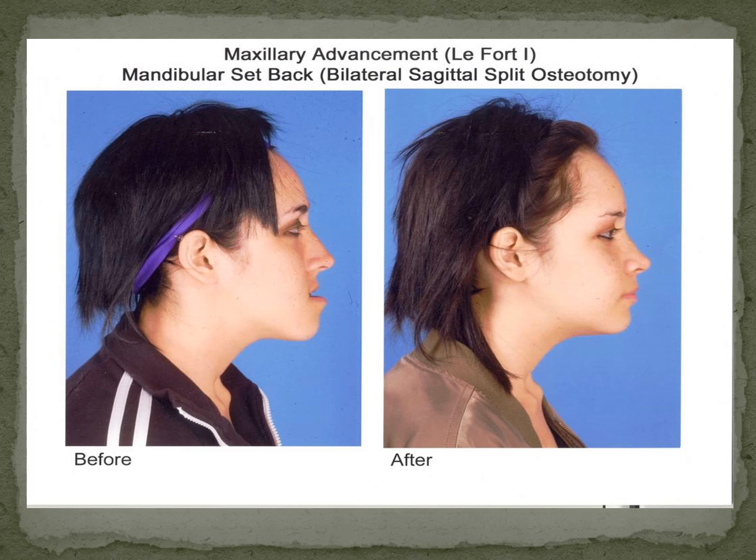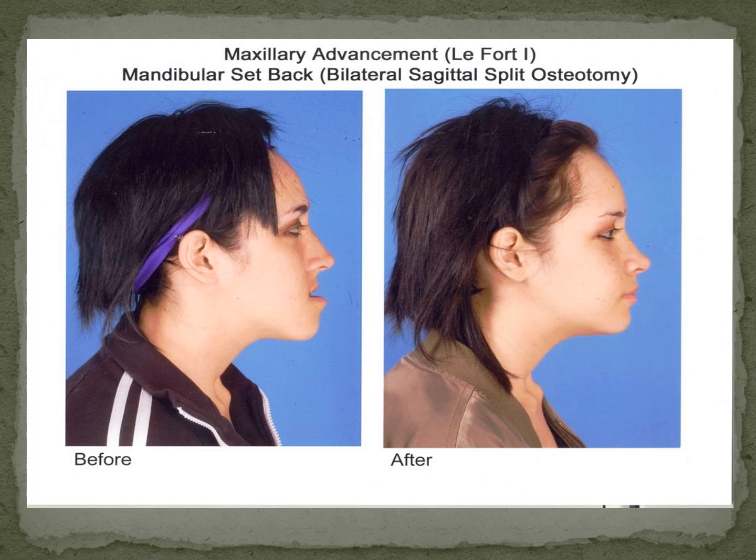So what's the advantage? The tongue will never fall back, so there will be no breathing difficulty like that. So we can improve the patient's airway also. These are the main things we will do: genioplasty and Le Fort 1 osteotomy.